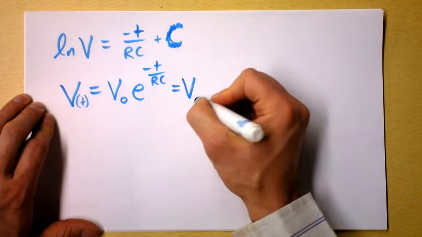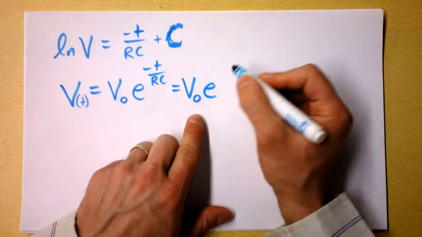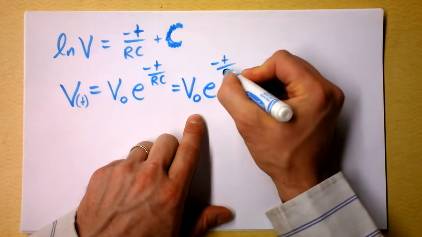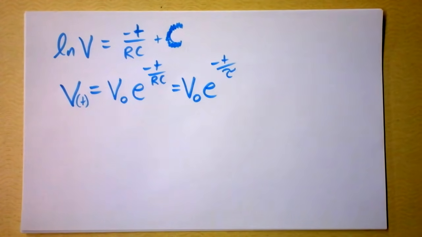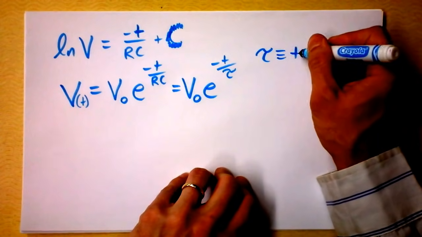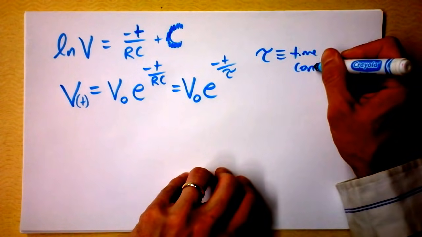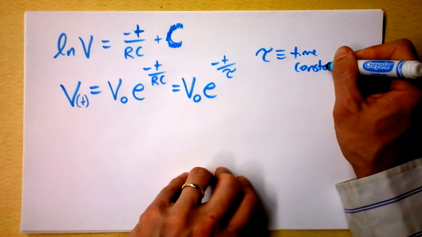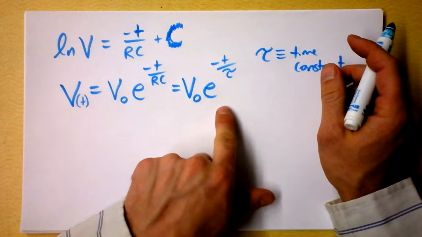And this is also often written as V naught times e to the negative t over tau. That's right, we introduce a new variable and we call it the time constant. Tau is the time constant. And the time constant is cool. Let's look at this function for a little bit.